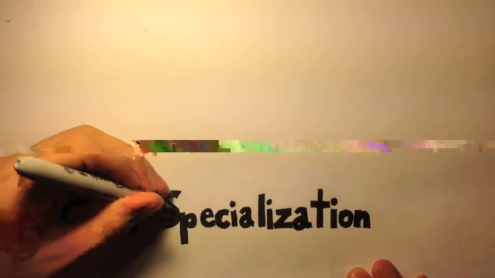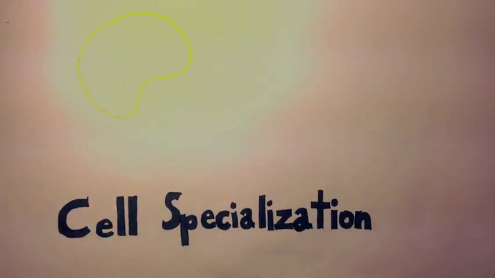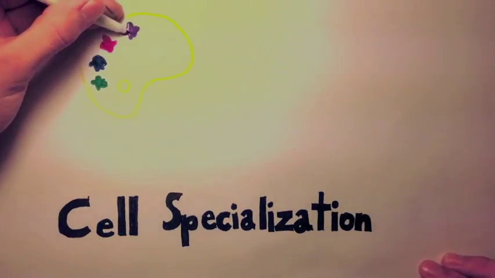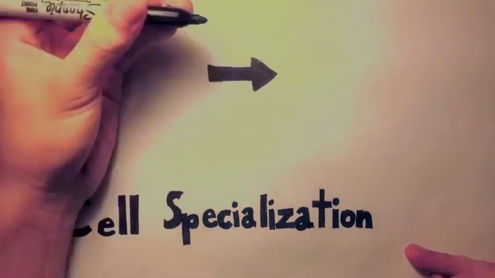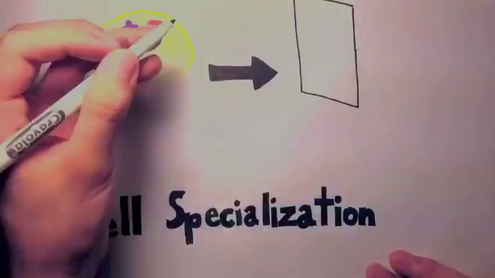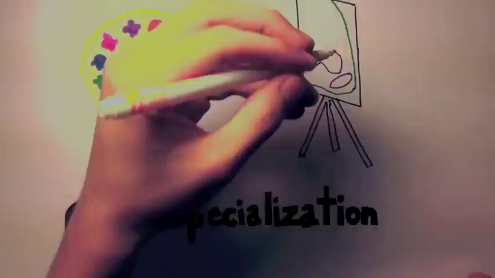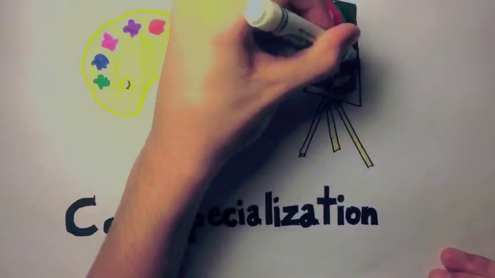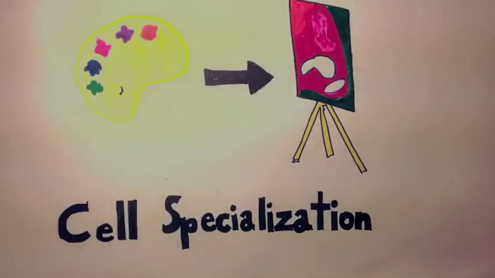It doesn't evoke any feelings because it's not been specialized on the canvas yet. But once you put it on the canvas, then it can finally serve its function. And this is what cell specialization does. It's the conversion of a more versatile cell into a more functional, more specialized cell.